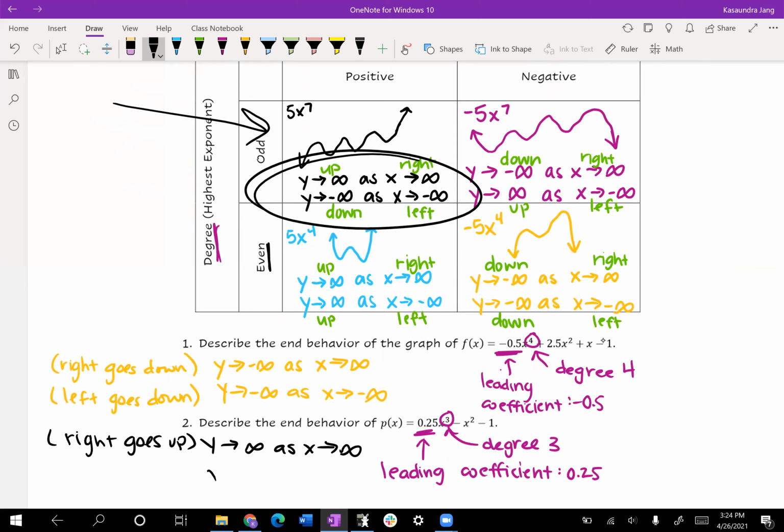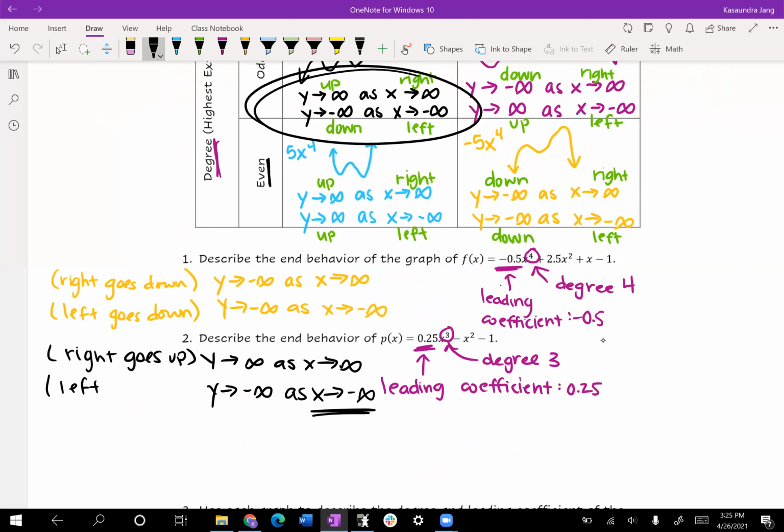And then the second part, I'm going to again write the same thing that I had before. Y goes to negative infinity as x goes toward negative infinity, meaning that the left side, as x goes to negative infinity, that's my left side. So my left side goes down, is what this is saying.